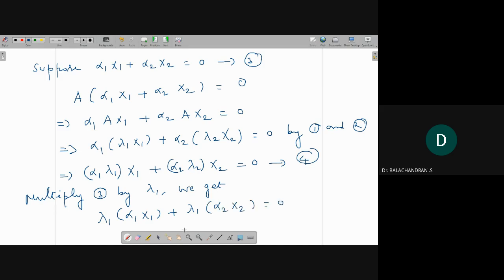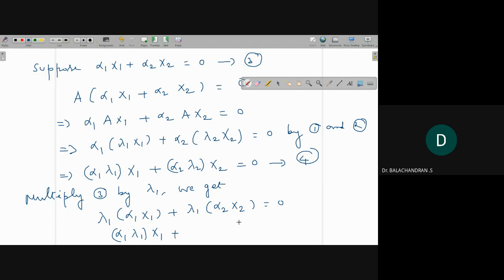Now I'm going to write this as alpha 1 into lambda 1 into x1 plus alpha 2 into lambda 1 into capital X2 equal to 0. I call this phi.